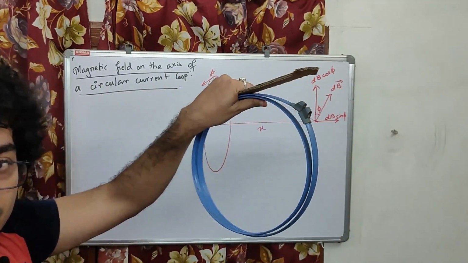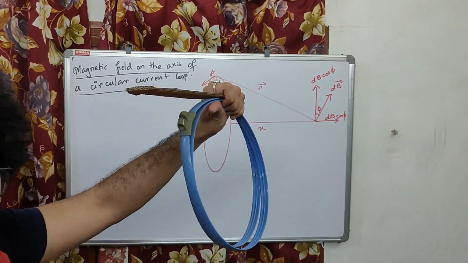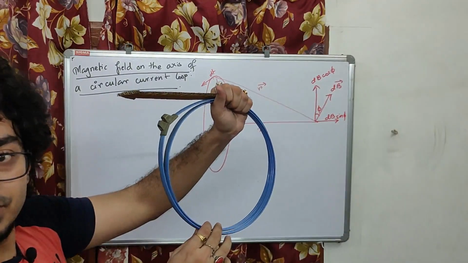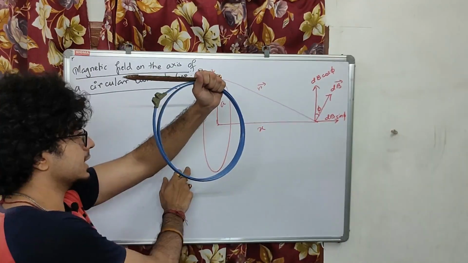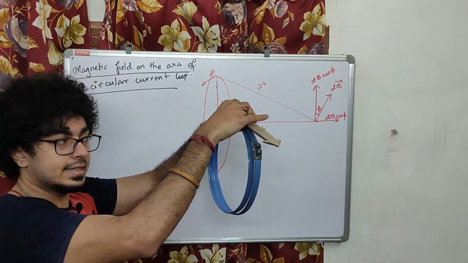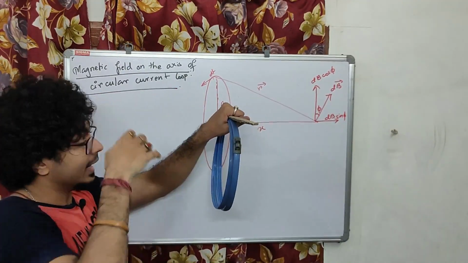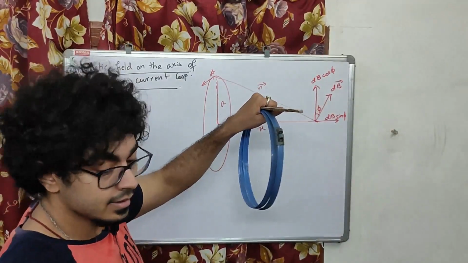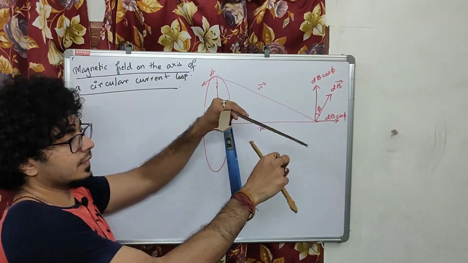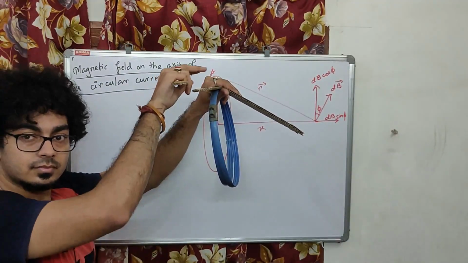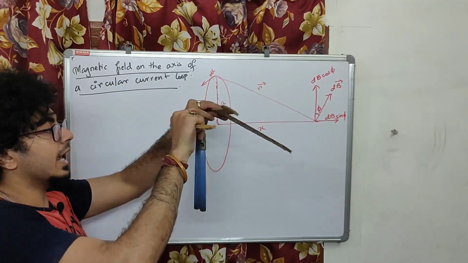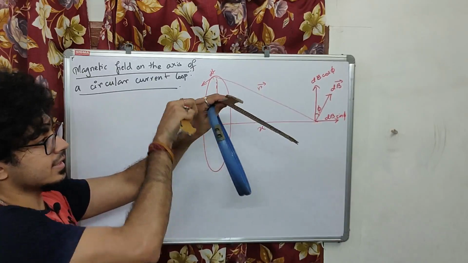The dL is directed in this direction, and the r is directed in this direction. Are you getting it? So the r is directed in this direction and dL is directed in this direction.